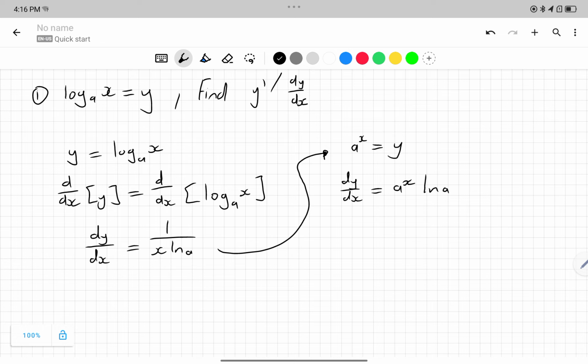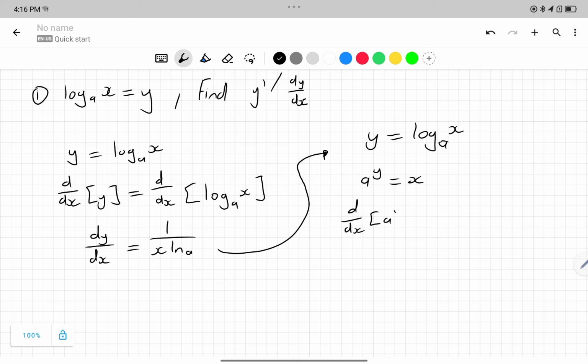So if this is the case, then we know that log x base a can be rewritten as a to the exponent of y equals x. Then we derive both sides with respect to x.